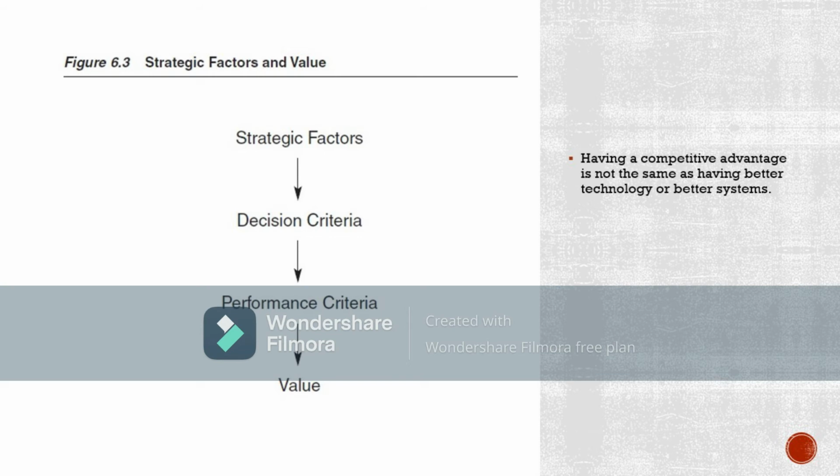Figure 6.3, the strategic factors and value, also links strategic factors to the perception of value. If the evaluation in relation to a certain company is positive, more positive than in the case of a competitor, then the customer will remain with that company.